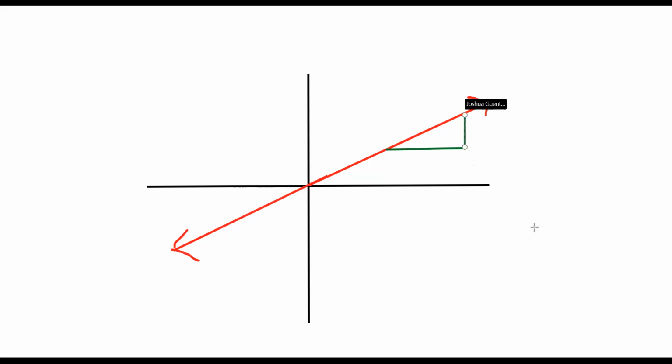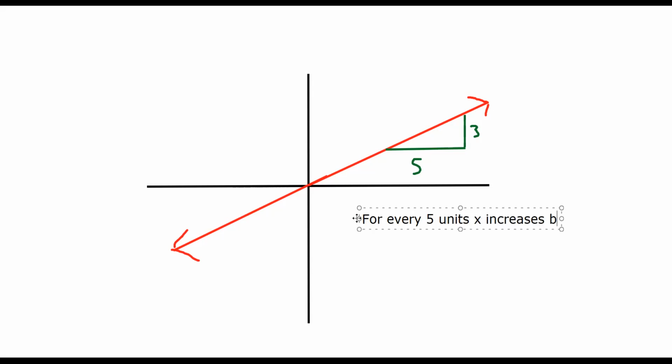First of all, would this be a positively or negatively sloped line? Positive. Now let's say that for every 5 units x increases, y only increases by 3. That's that picture. What would you say is the slope of this line?